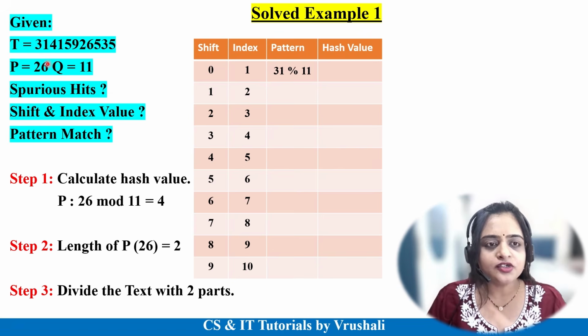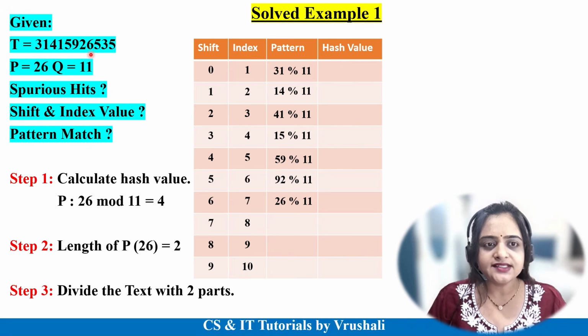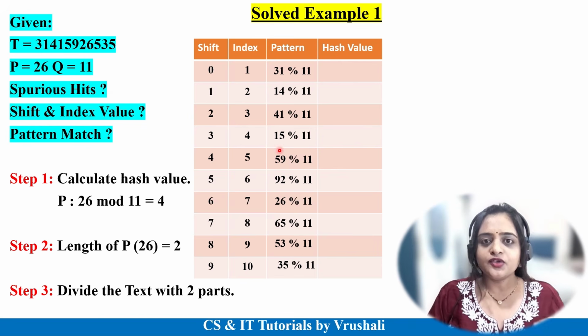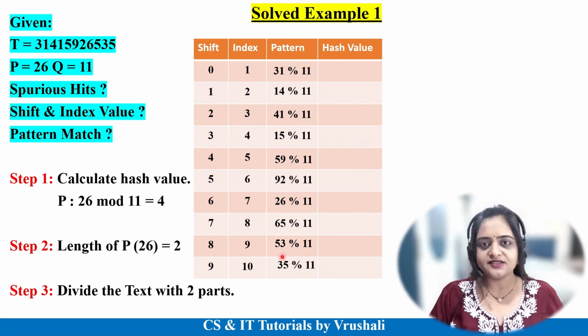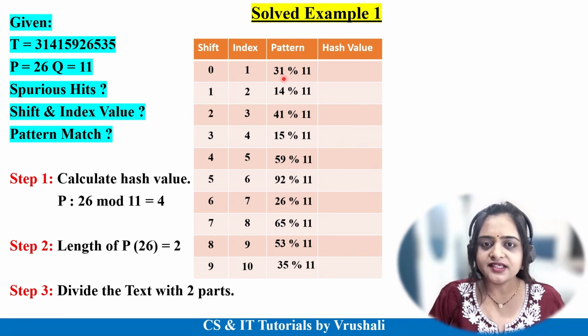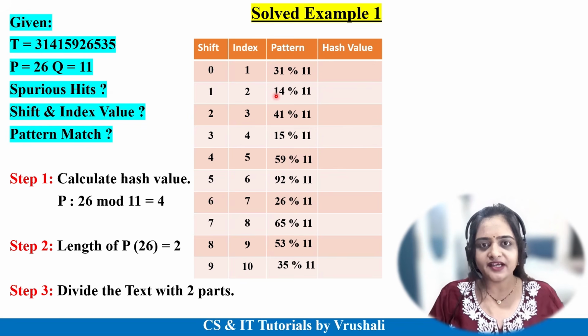Now the next two digits are 1 4. After that 4 1, 1 5, then 5 9, 9 2, then 2 6, 6 5, 5 3 and 3 5. In this way, you have to divide this complete text into two-digit parts. So always remember this thing: the last digit of the first value goes to the first place in the second value.